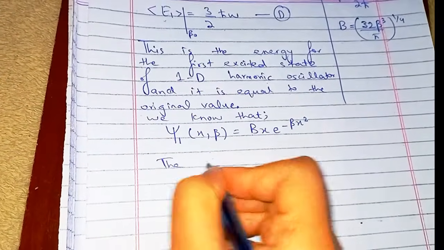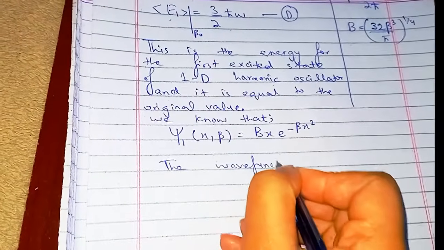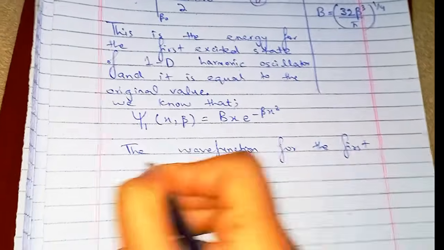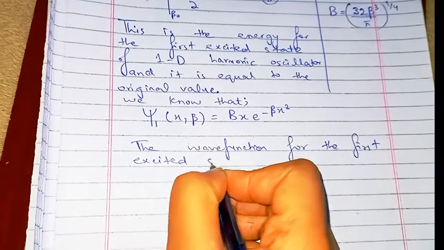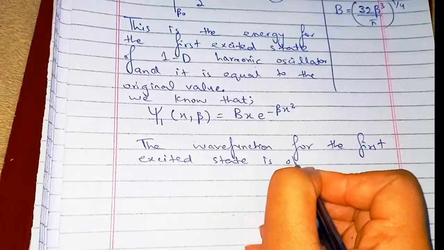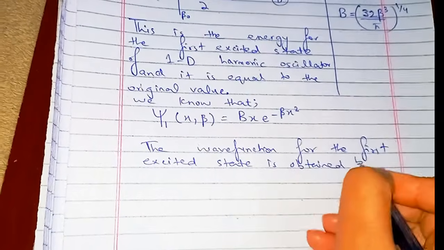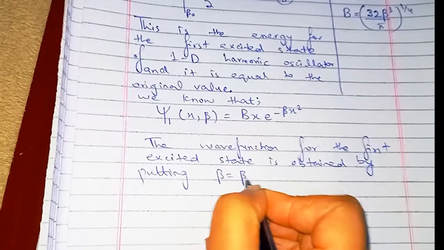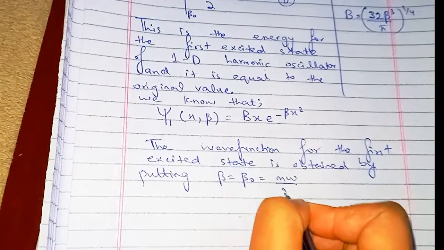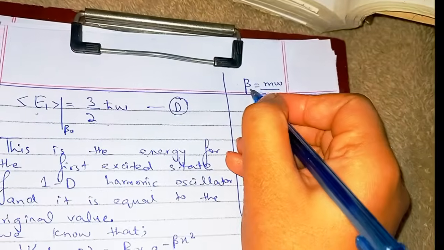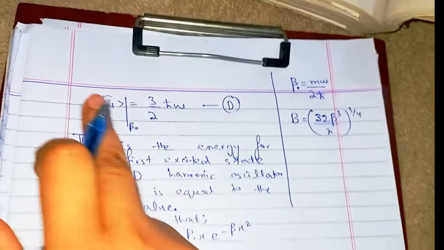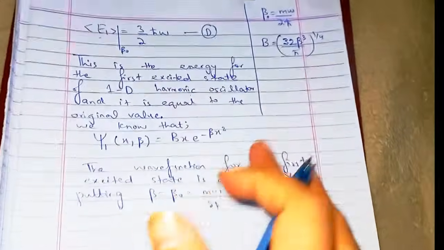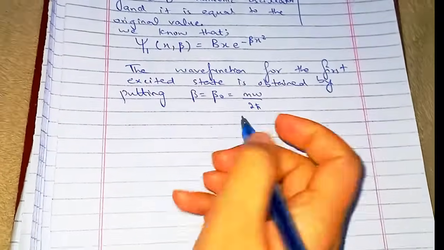The wave function for the first excited state is obtained by putting beta equals beta naught, which is m omega by 2h cut. This is actually beta naught that we have got by putting that expectation value equal to 0. That is why we called it beta naught. So that's beta equals beta naught.